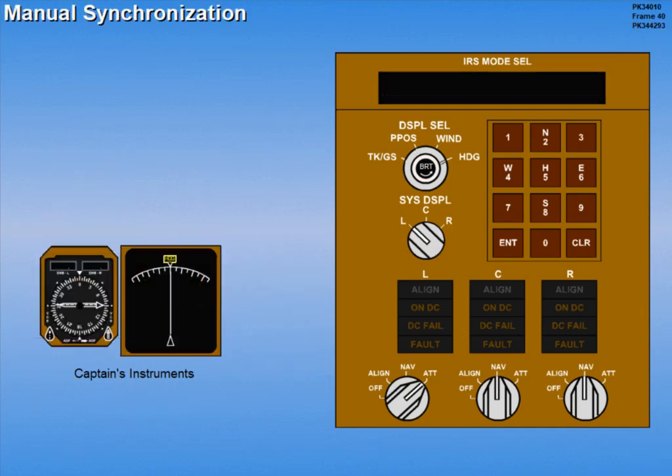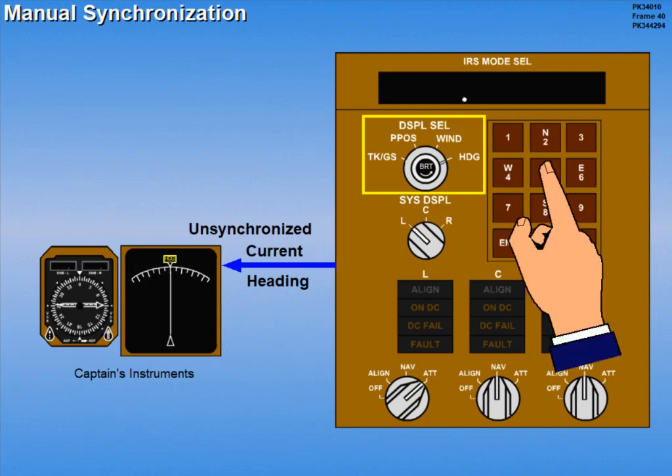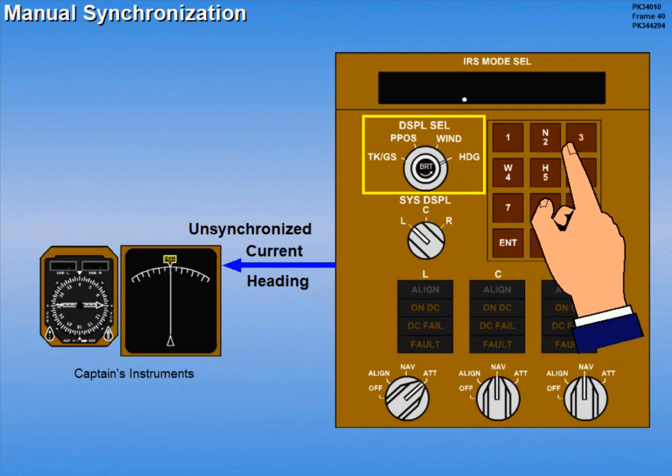Manual synchronization of the HSI to the compass is accomplished by entering the current heading into the data display. The display selector must be in the heading position. Begin by pressing the H or heading key, followed by the magnetic heading.